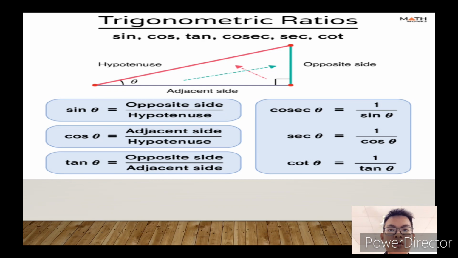For formula tan, tangent is opposite side per adjacent side. The formula cosec is 1 per sin. The formula sec is 1 per cos. For formula cot is 1 per tangent.